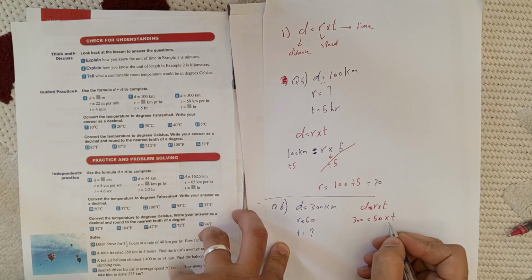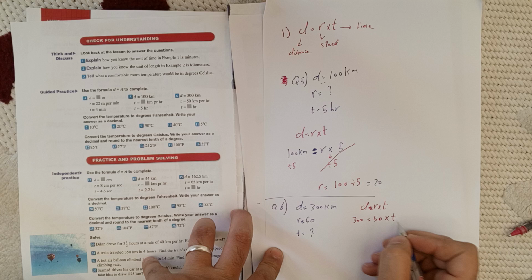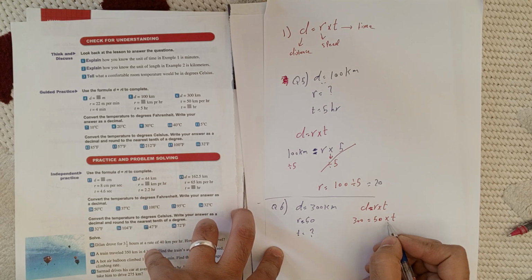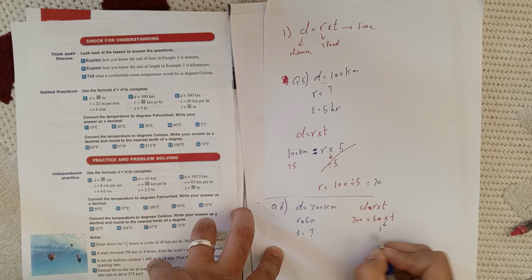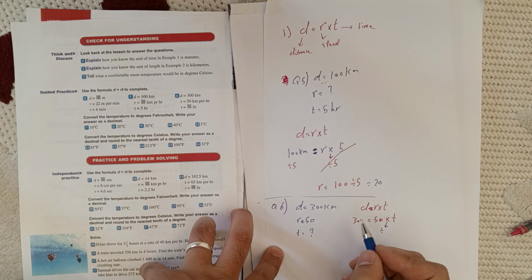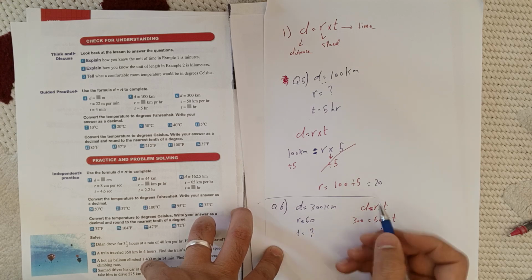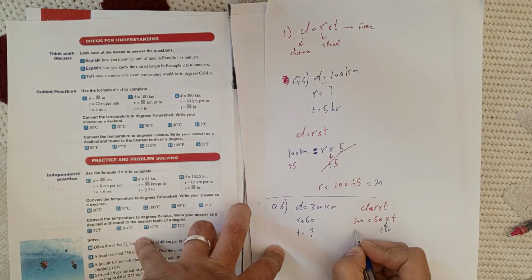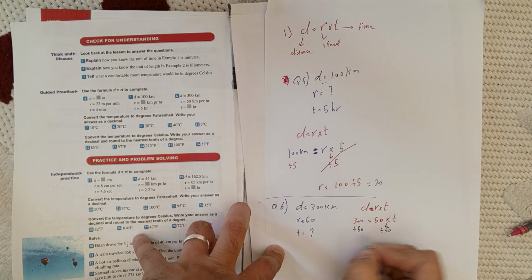As I told you, to find the variable in an equation, you need to take the opposite of the operation. Divided by what? Not by 300, because 300 is on a different side, but 50 is on this side. So divided by 50 and divided by 50. You have to keep the balance.